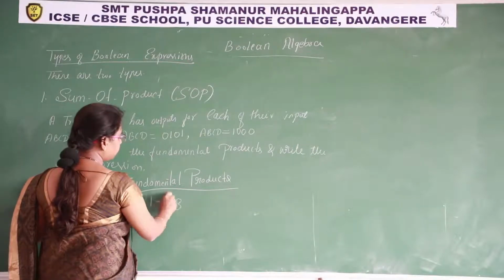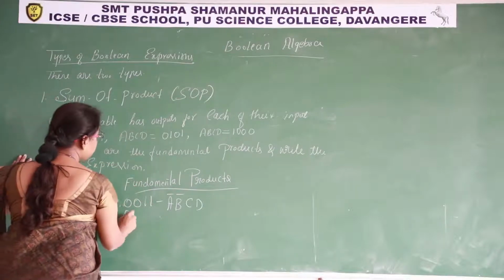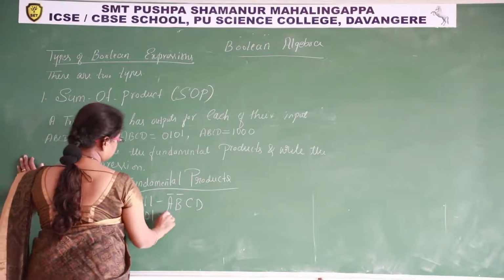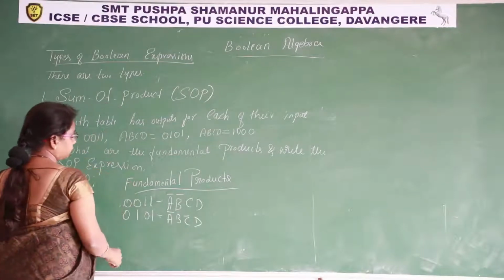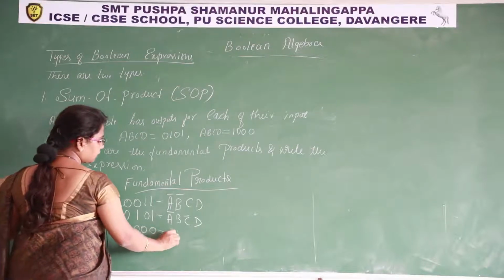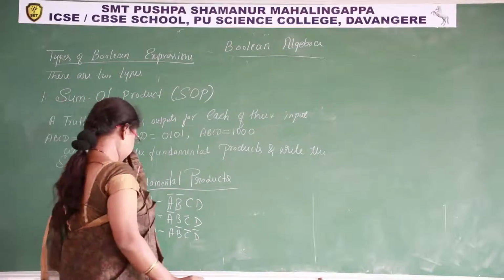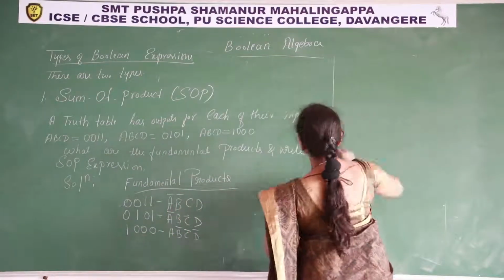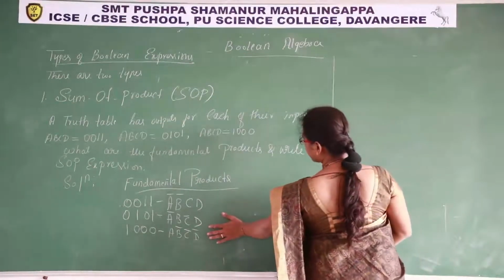A bar, B bar, C, D. Next, 0, 1, 0, 1: A bar, B, C bar, D. Next, 1, 0, 0, 0: A, B bar, C bar, D bar. So we have written the fundamental products here.